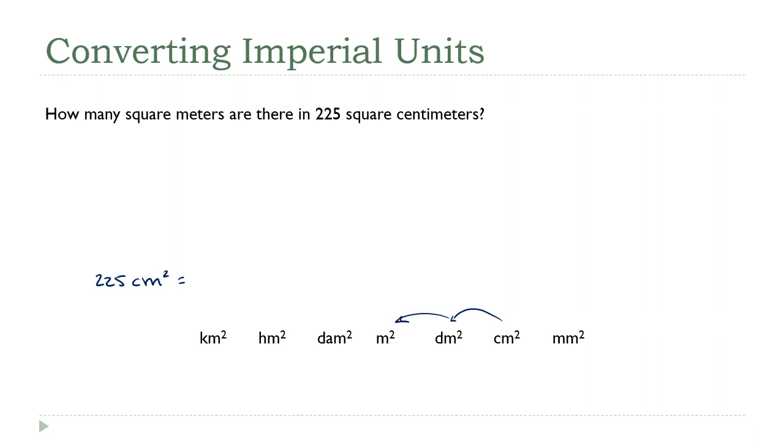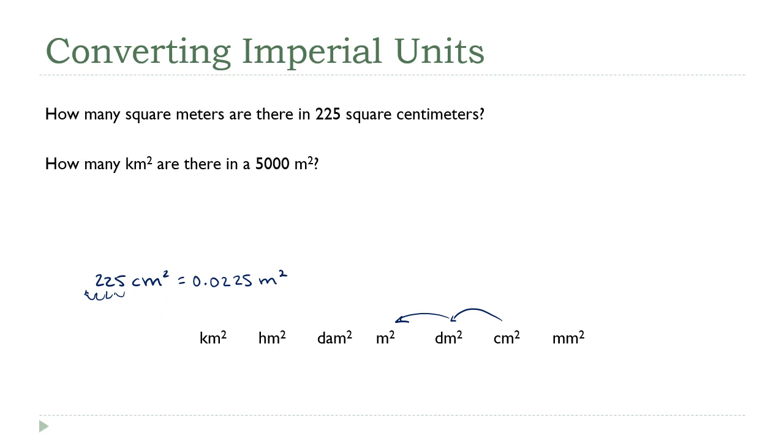That's two steps, which is going to mean four decimal places. So I'll go 1, 2, 3, 4, and I'm going to have to backfill a 0 there. So this will be 0.0225 square meters. And it got smaller. A square centimeter is pretty small, and a square meter is quite a bit bigger, so it would take quite a few square centimeters to fill up a whole square meter. That makes sense.